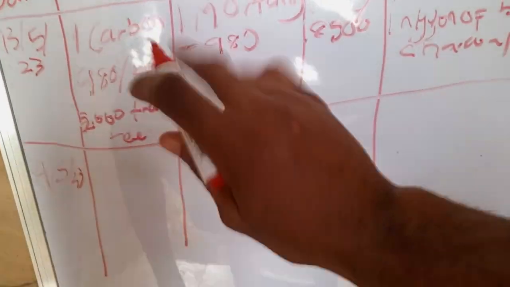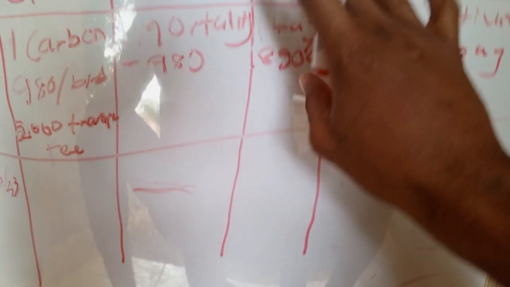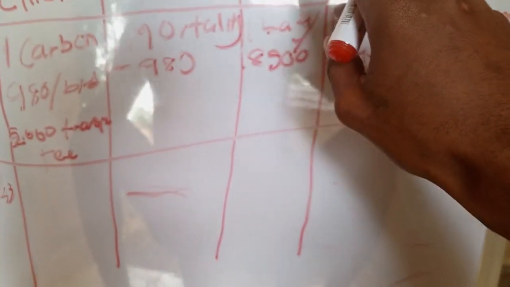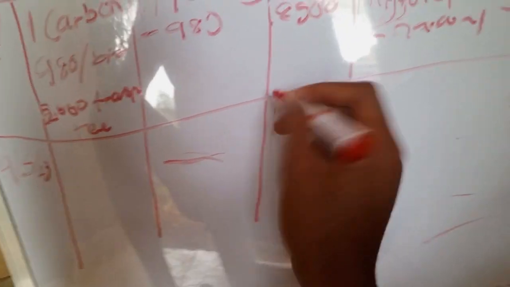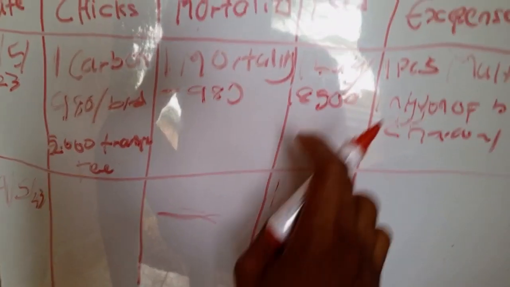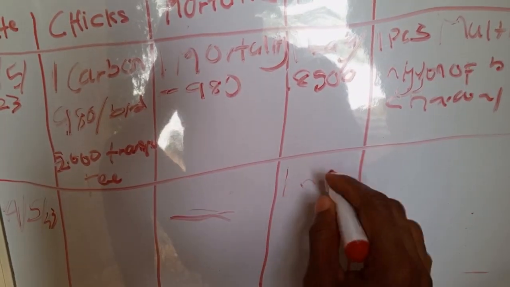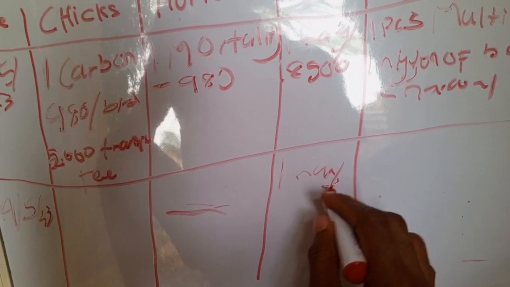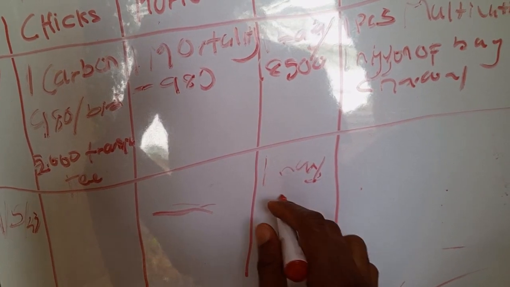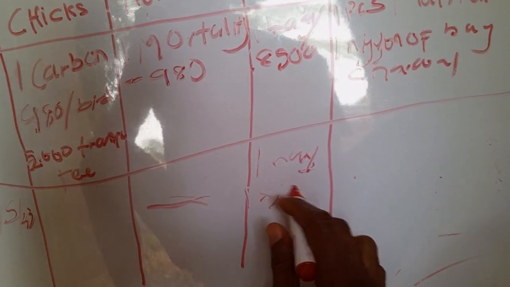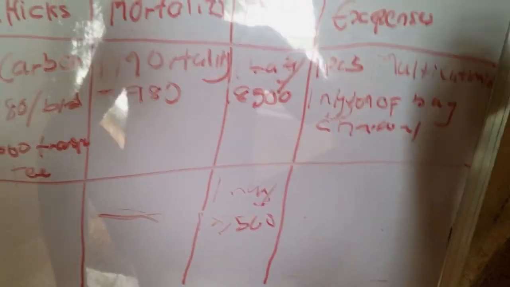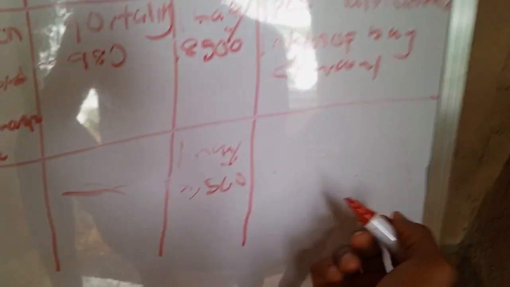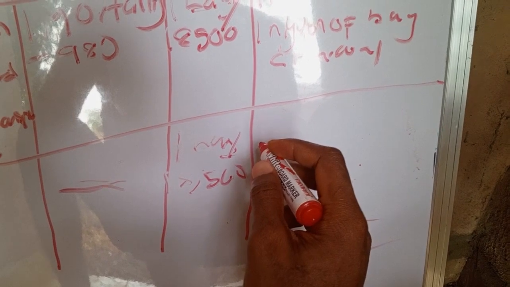Then the feed aspect: let's say we buy an extra 1 bag because the feed has finished, so that this one will not finish. So extra 1 bag at 18,500. Then we come here and we did other expenses.